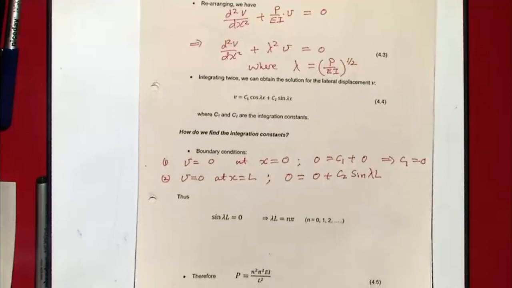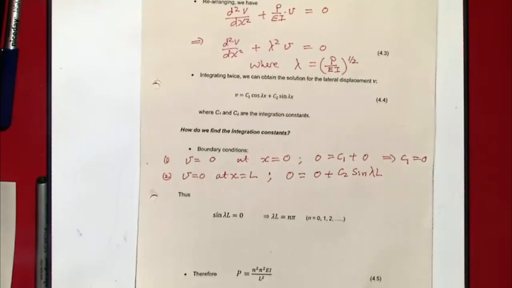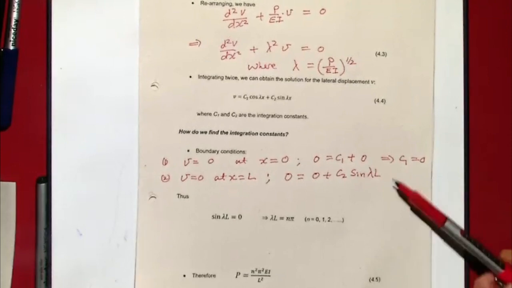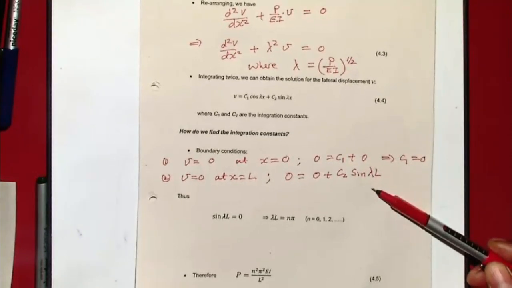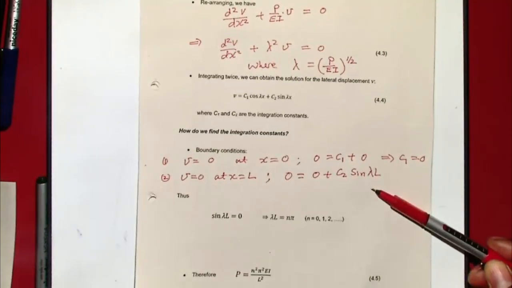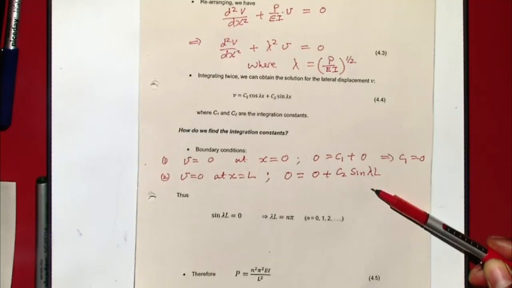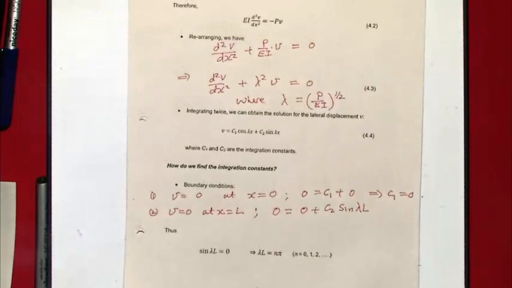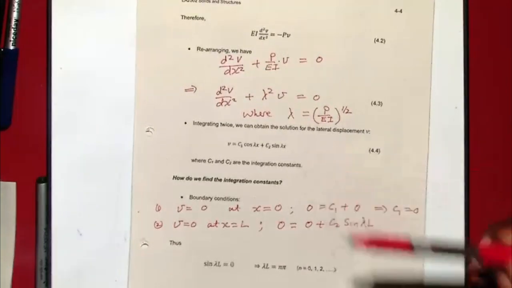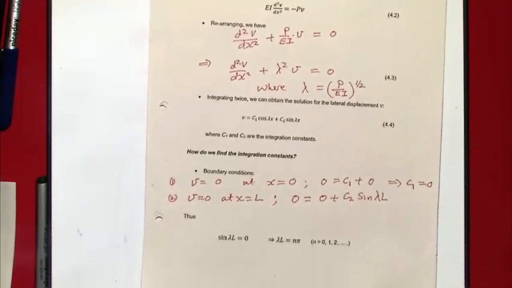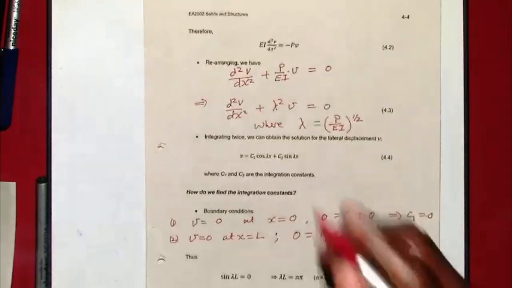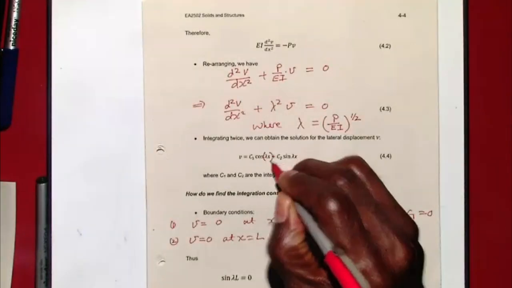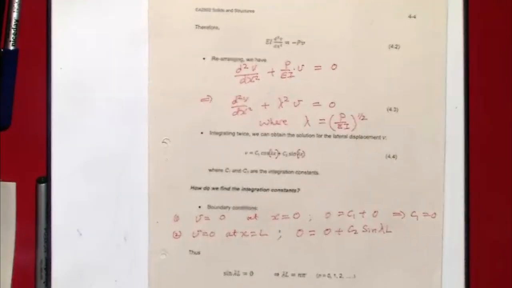It's sine of lambda x, with lambda and x together in the brackets, so lambda here, and lambda there.